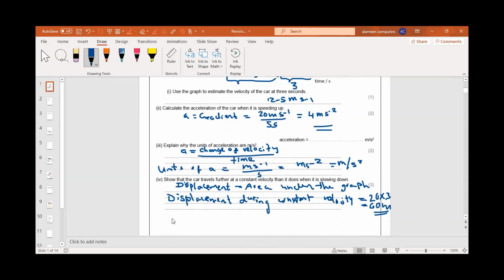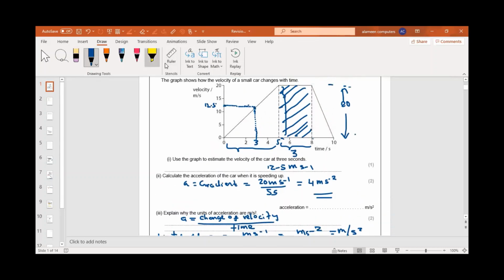Right. So there is a 60 meters displacement during the constant velocity. Right. So displacement during deceleration. Right. So during deceleration, we have a triangle. So we have to find the area of the triangle.